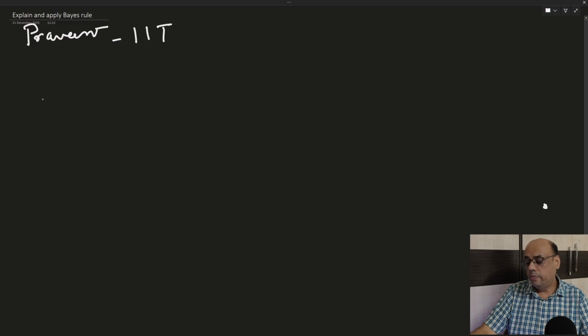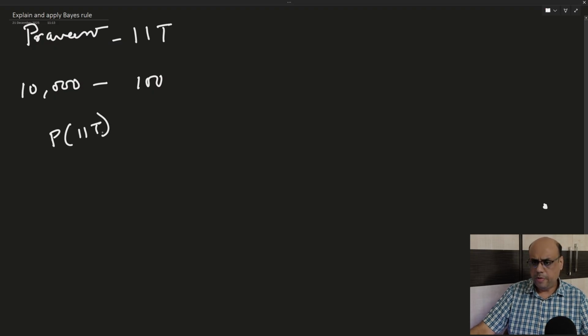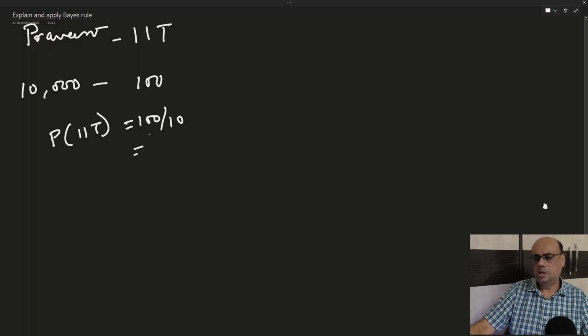Now, going by the last 10, 20 or 30 years of IIT data, let's say for the sake of our example, for every 10,000 applicants, 100 people make it, which means the probability of a person getting into IIT is 100 by 10,000, which is how much? 100 by 10,000 is 1%, right? Which is 0.01.